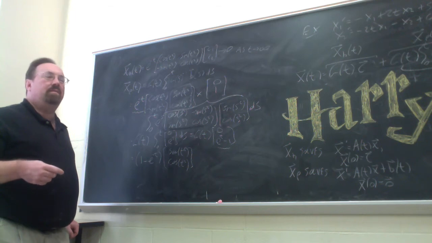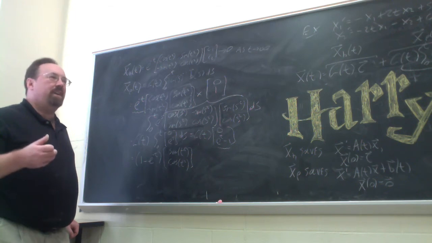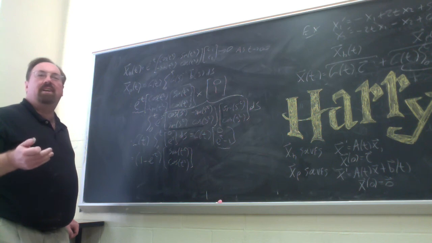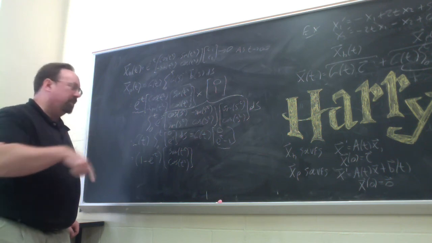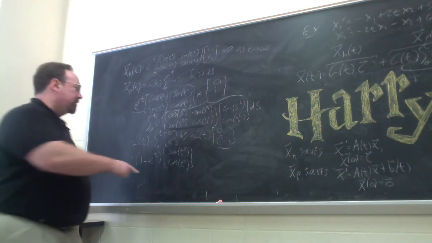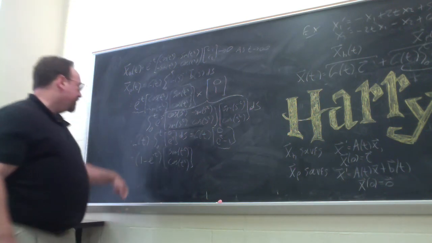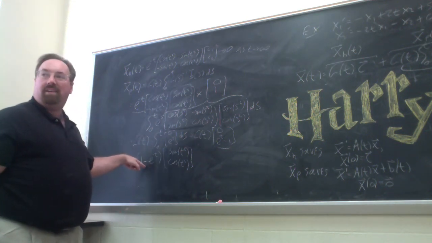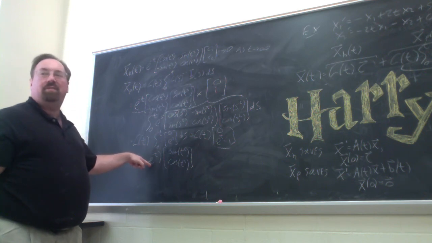So if you have an x-y pair, sine theta, cosine theta, whatever theta is, as t is going forward, what kind of path is that going to trace out? Yes, it's going to be a circle. In this case, the unit circle, just this part. Now, what about this over here? 1. Yes, because e to the minus t is going to go to 0.